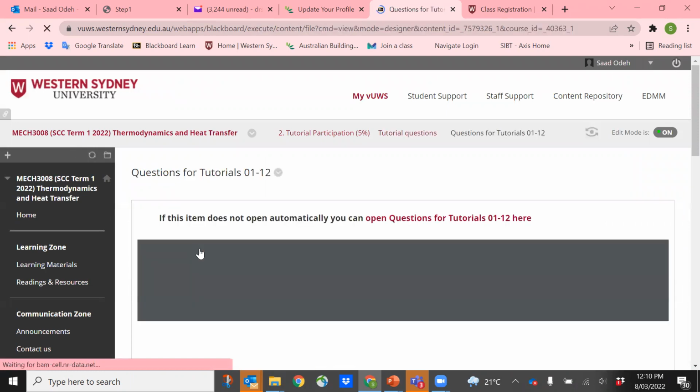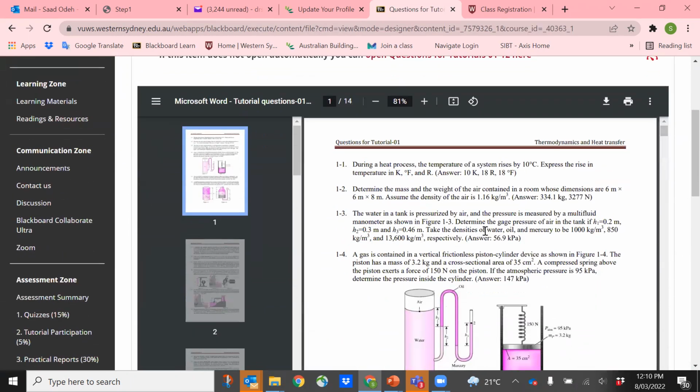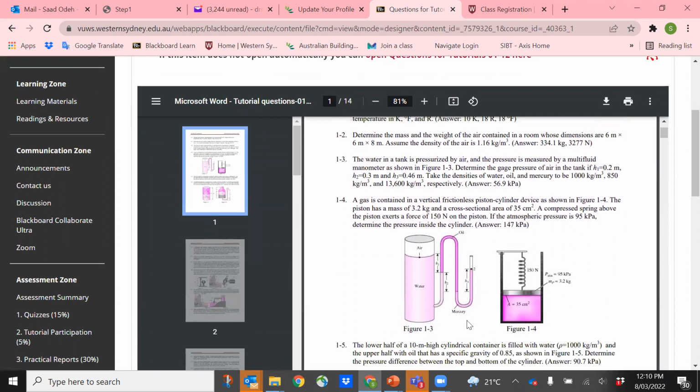If you open this, just do the first page. You can see an example about the manometer. You have 3 types of fluids: water, oil, and mercury, each with a different height.